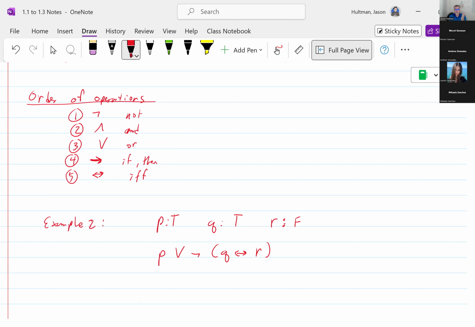We just want one line in the truth table. That's the TTF line in the truth table. So we want true and not true, implies false.